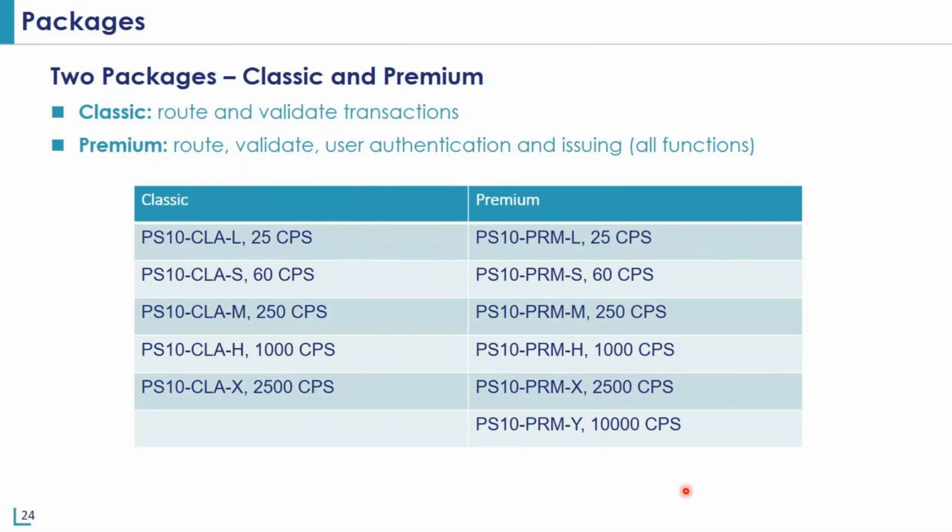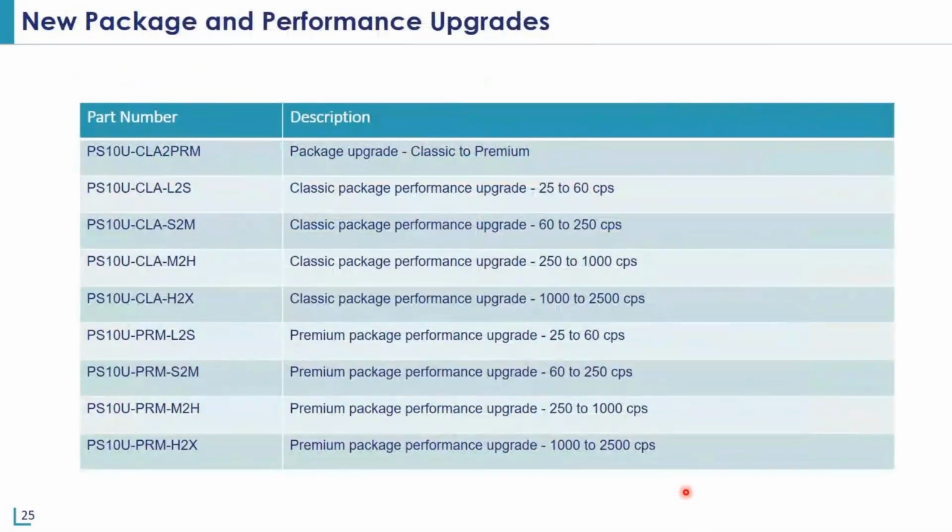But if you want to upgrade, let's say from classic to premium, because your organization has to perform user authentication and card issuing as well, you can do that. So there are different upgrade files. This part number is for the classic to premium upgrade.